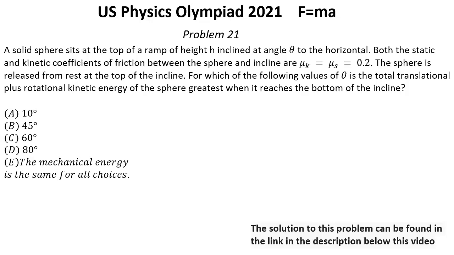The sphere is released from rest at the top of the incline. For which of the following values of theta is the total translational plus rotational kinetic energy of the sphere greatest when it reaches the bottom of the incline?